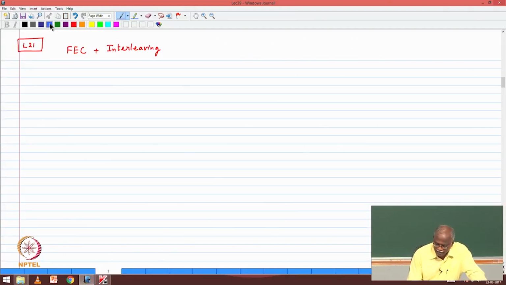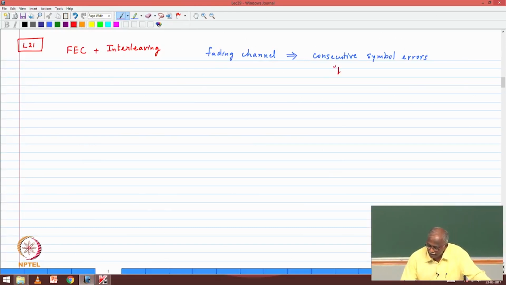So the summary of that discussion was that the fading channel has correlated behavior. Once you go into a fade, what you are likely to encounter in coherent detection is consecutive symbol errors, which is nothing but a burst of errors.